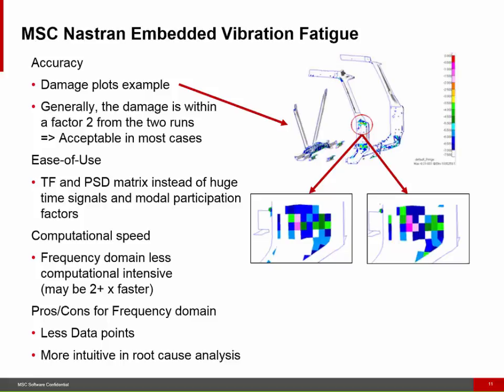And also, when it comes to some pros and cons, you have the more intuitive root cause analysis, and we can output a CSV file containing the input PSDs, stress transfer functions, and also the resulting PSDs, so that you can easily find the most critical frequency for the fatigue life and see which modes contribute the most at those frequencies. So it's a more intuitive way to directly do root cause analysis for the fatigue issues you may encounter.